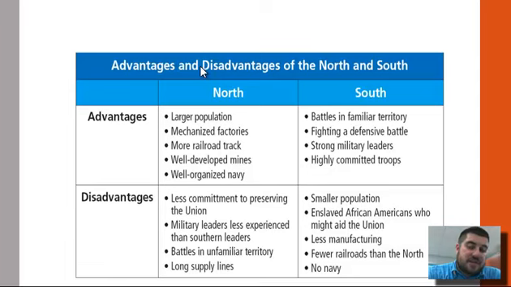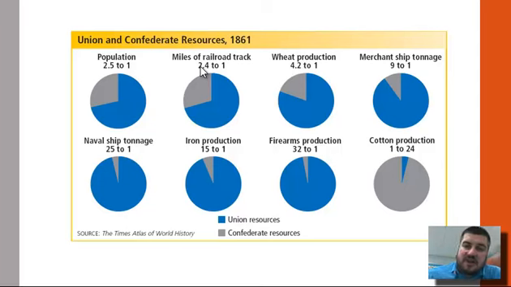And they have troops committed to a cause, where the troops in the North don't care if the Union is preserved or not. Their military leaders are less experienced. They're battling in unfamiliar territory, and it's a long time to get supplies down to the South where they're fighting. Here you can see how much the Union outnumbers the Confederacy in basically everything except cotton production.